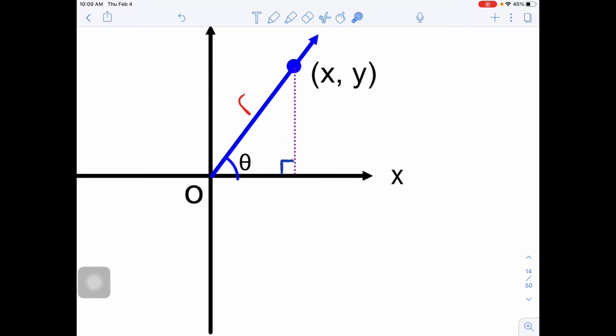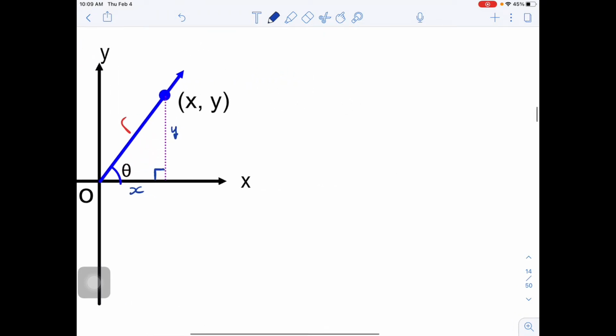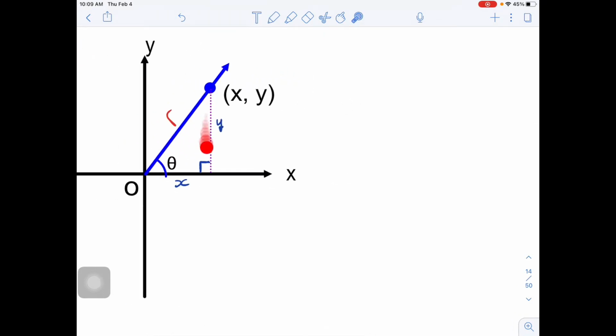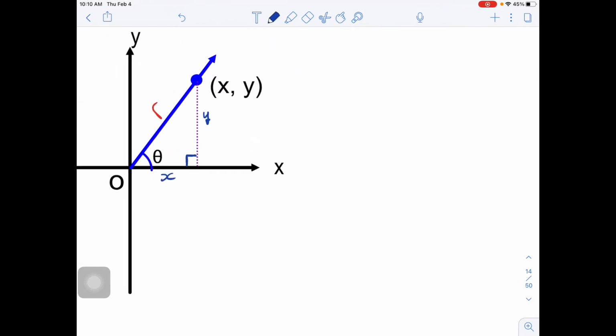Well, it would be y high, because this is y here, so this is y length. And this length here would be x, so this is x length. Now we have a right triangle that we can talk about in terms of y, x, and r.